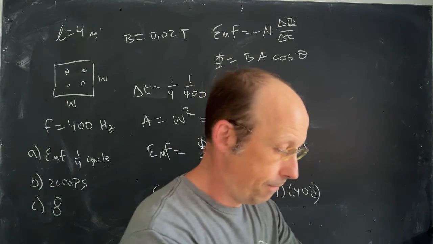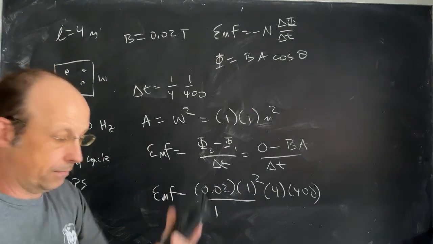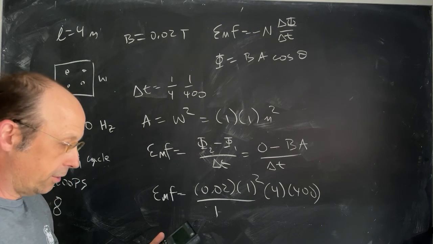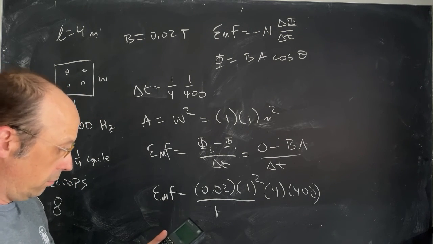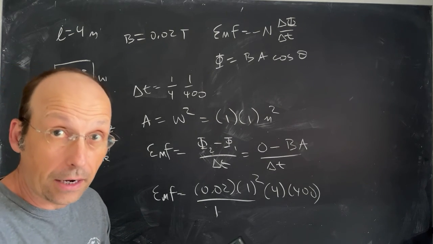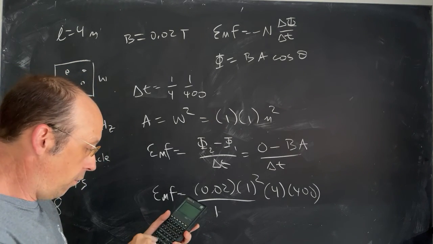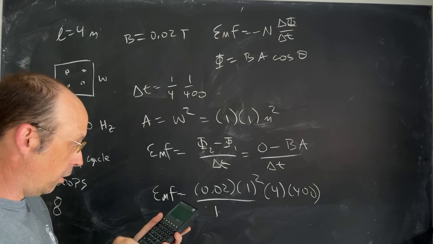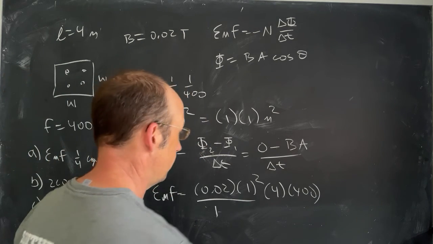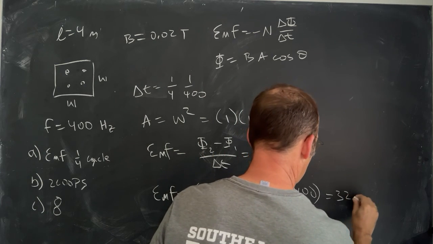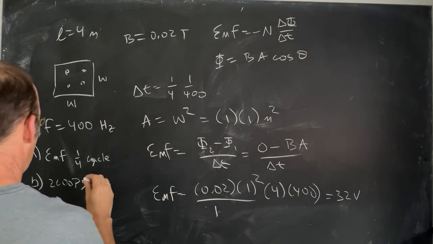Calculator time. I like to hold up my calculator just so you know it's real. 0.02, enter. 1 squared, I'm going to just do that in my head. 4 times 400 times. I get 32 volts. So let's put that over here.